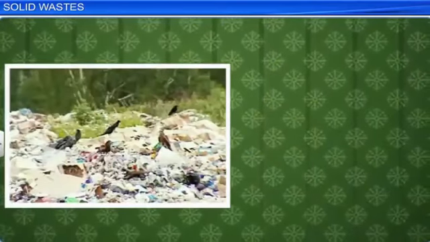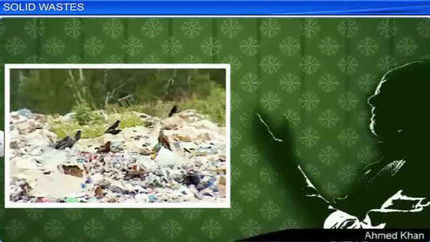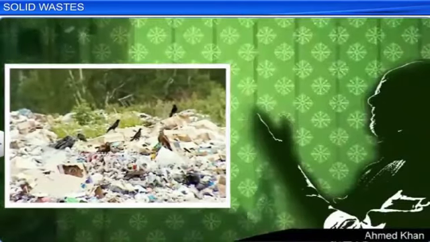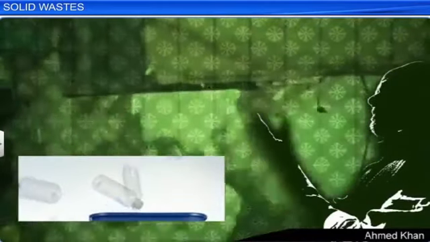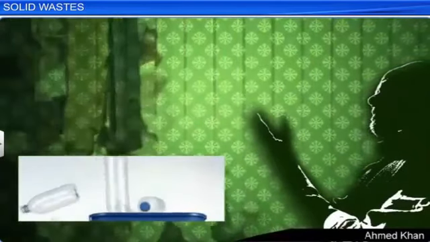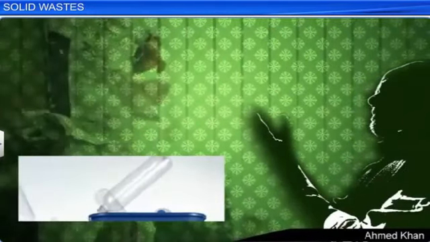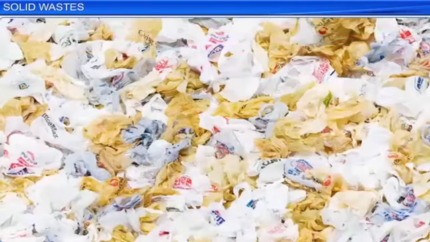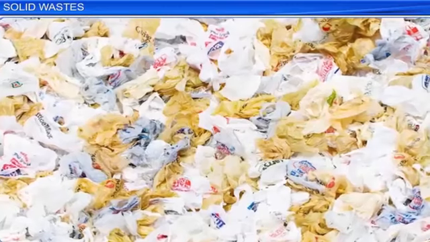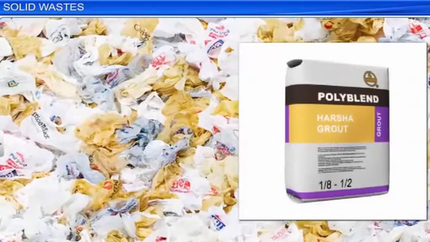A highly commendable effort taken by Ahmad Khan, a plastic sack manufacturer in Bangalore, is worth mentioning. He found an impressive solution to beat the ever-increasing problem of plastic waste. About 8 years ago, his company developed Polyblend, a fine powder of recycled modified plastic.